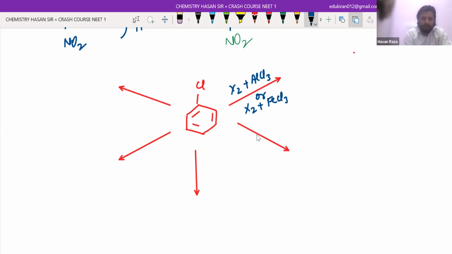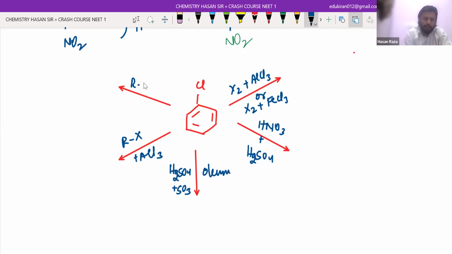Then the next reaction is HNO3 in the presence of H2SO4. The next is either H2SO4 or oleum, in the presence of SO3, fuming H2SO4 we say. Or we can do this RX in the presence of AlCl3, or RC double bond OX in the presence of AlCl3.